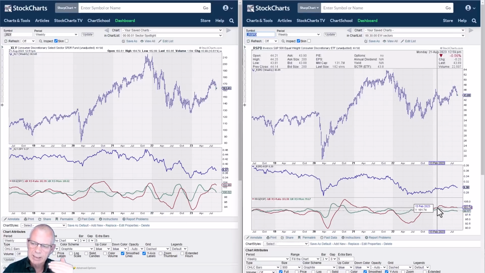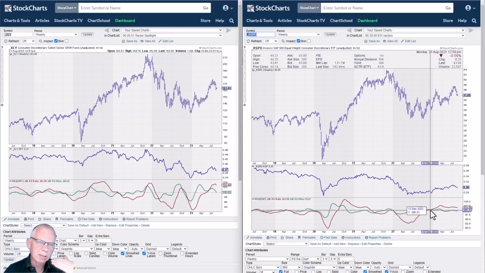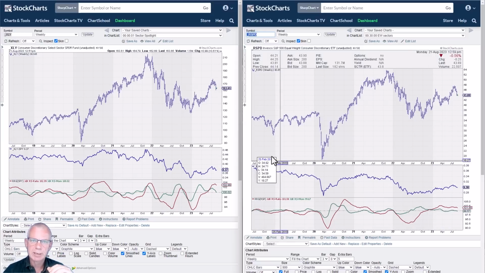You can see how that RS ratio line remains kind of sideways, and the green RS momentum line just oscillates around 100. That indicates a pretty stable trend, and I think that's the biggest difference that you can see between the cap-weighted and the equal-weighted charts. So the consumer discretionary sector, that is.